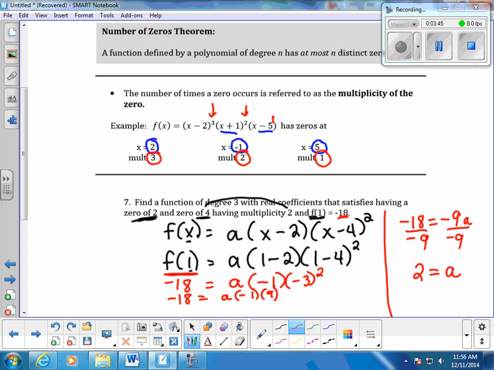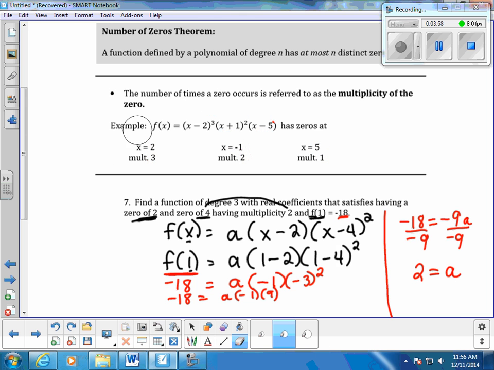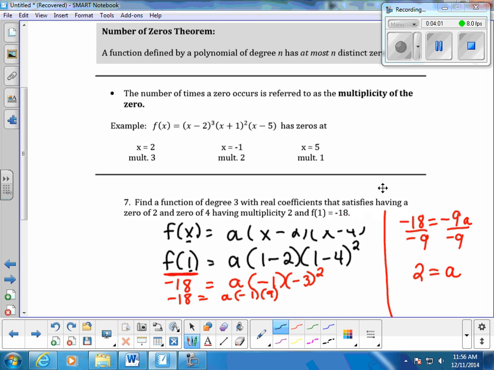So a is 2. Now we need to come back into the original and put 2 in place of our a since we know what that is specifically now. So our solution would be f of x is equal to 2 times x minus 2 times x minus 4 squared.